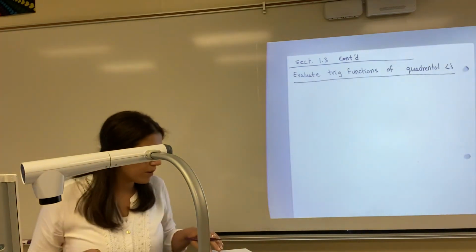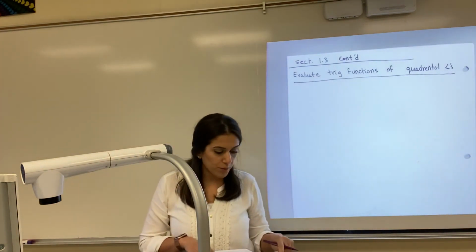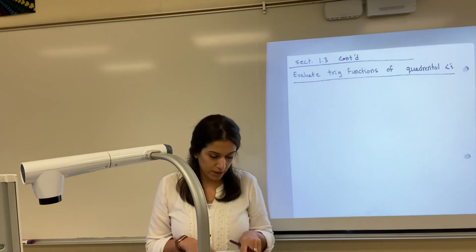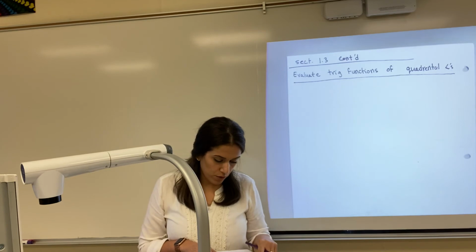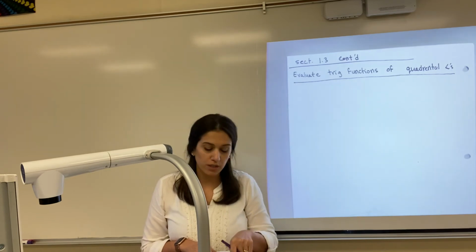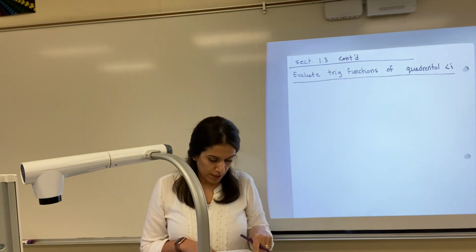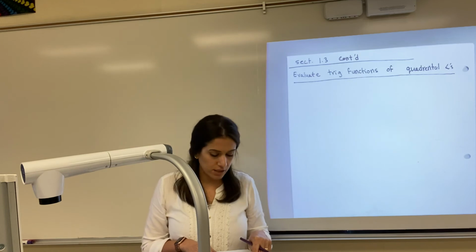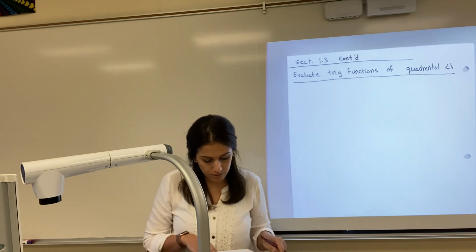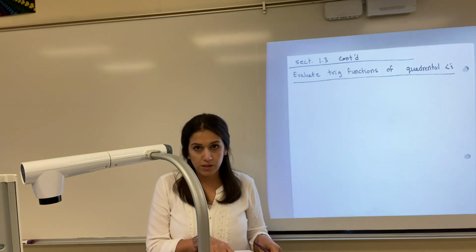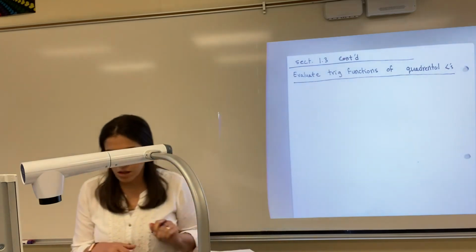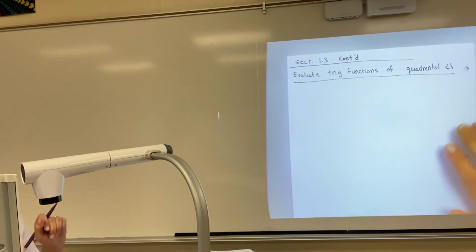And here you can open up your book to page 24, and there is a table here that is giving you the 6 trig functions for these special angles: 0 degrees, 90 degrees, 180, 270, and 360 degrees. And we are going to use the information from this table to help us evaluate the trig functions.